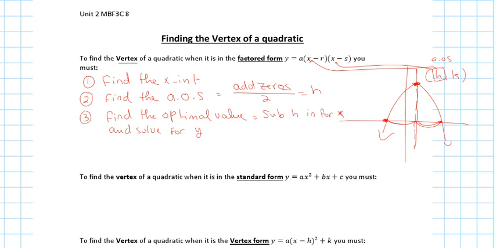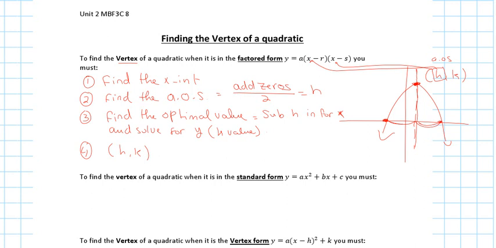And y is the k value of the vertex. So then that would give you your h and k. So find the zeros, find the middle between the two zeros, plug that middle into your equation to solve for y.